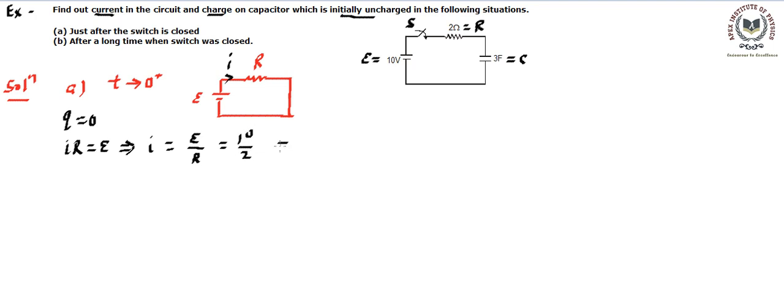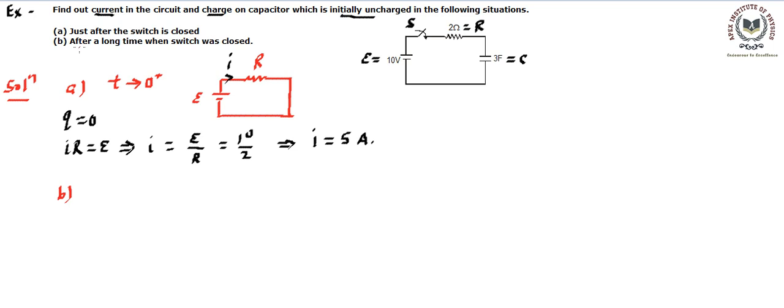So the current just after the switch is closed is 5 ampere. So 5 ampere current will be running and 0 charge will be on the capacitor. I think it's making sense. We are just using the results that we achieved from the charging of the capacitor concept.